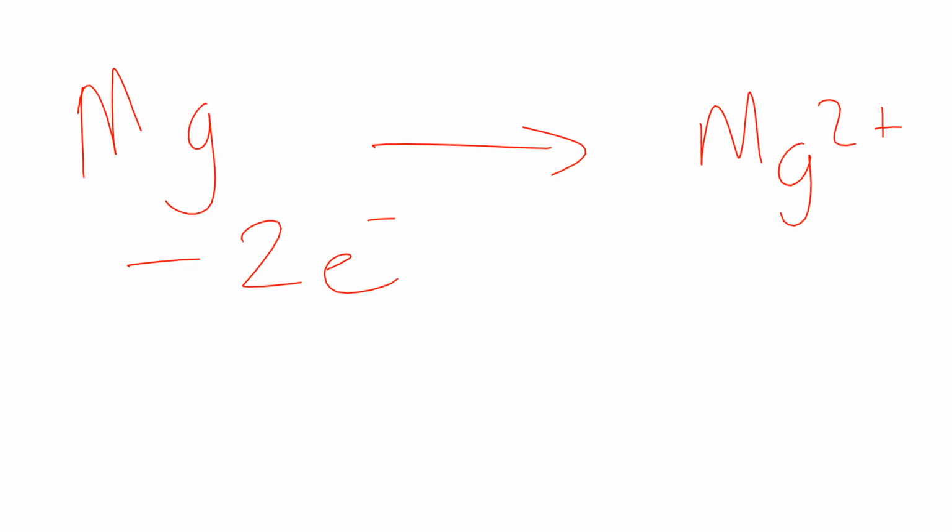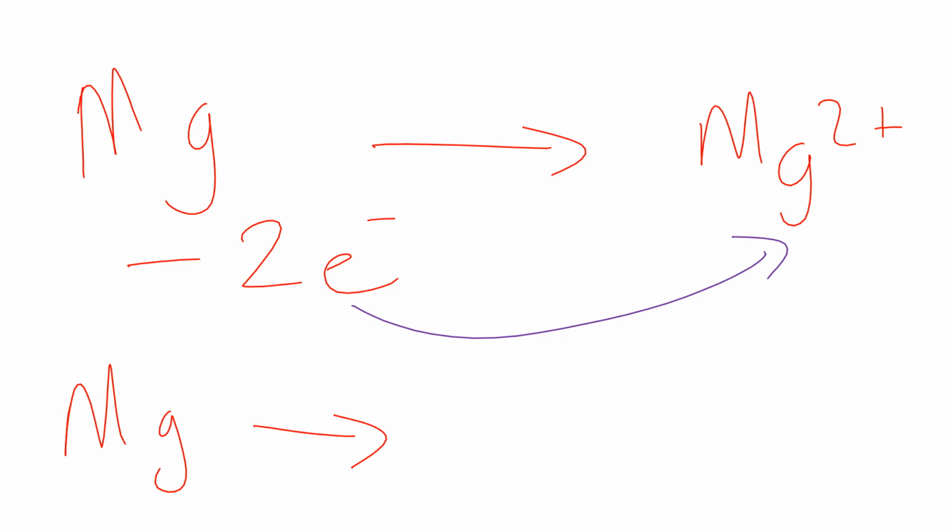Now, we don't normally write that equation the way you see there. We put the electrons on the other side. And so we write it like this. Magnesium goes to magnesium ions plus the 2 electrons.